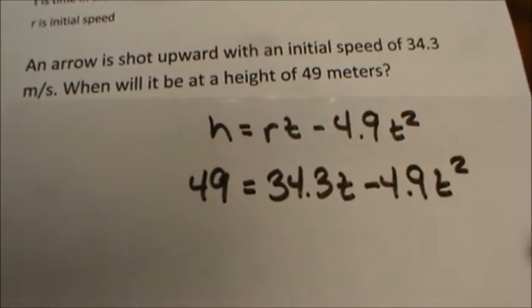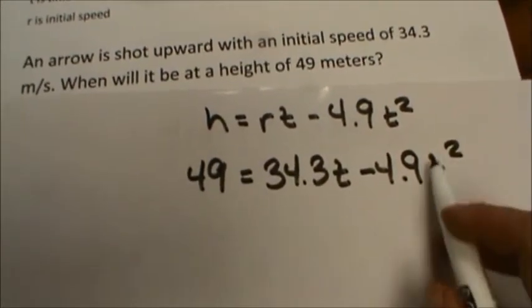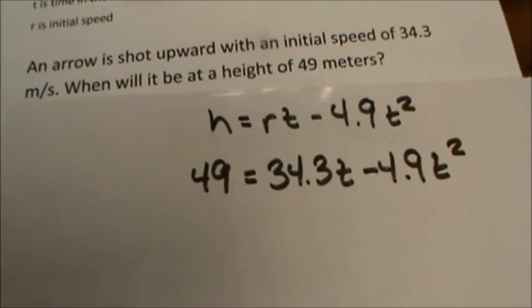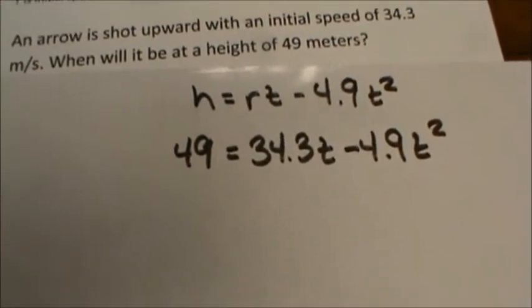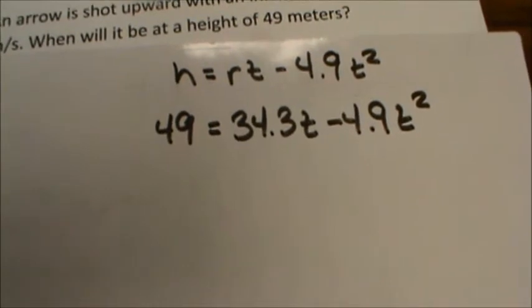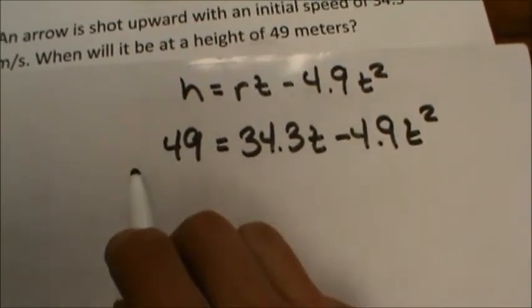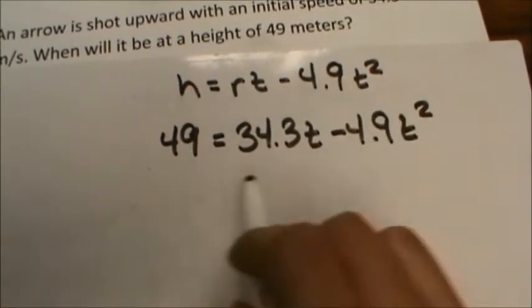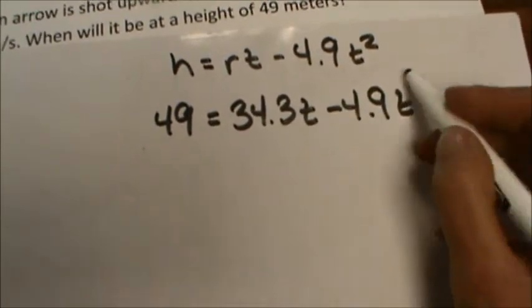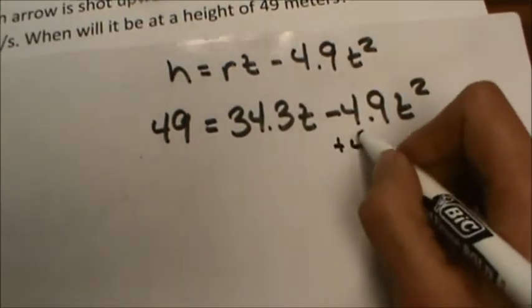Now I have an equation with just one variable. I have something squared, so I want to factor to solve it. Again, I'm going to use the zero product property, which means I need one side to be 0. Instead of subtracting 49, I'm actually going to move all my terms this way. I'd like to keep a positive t squared whenever possible.